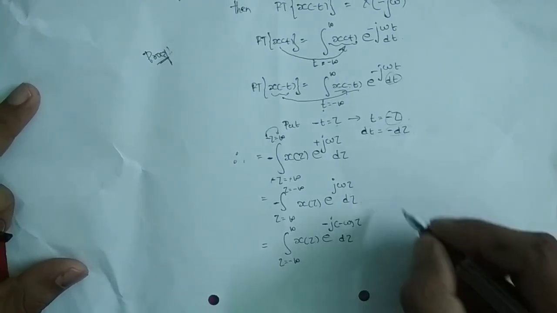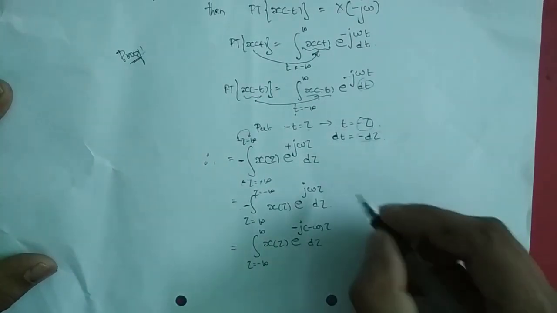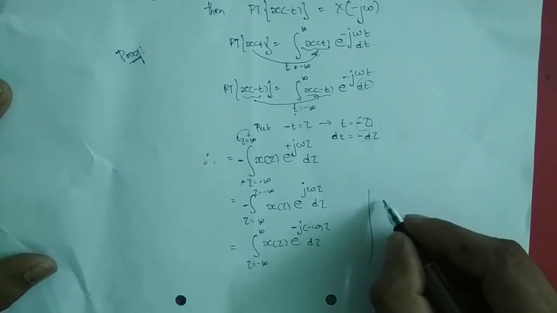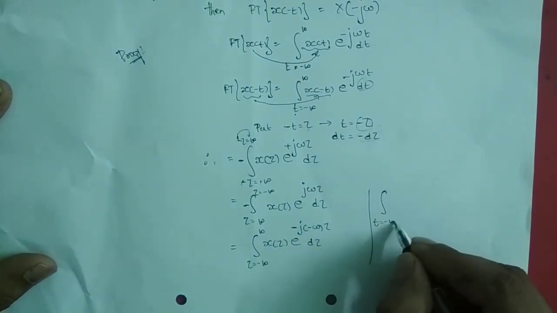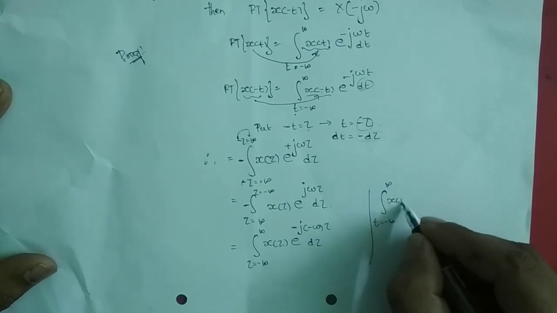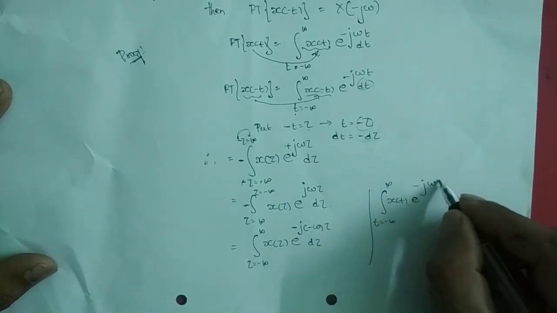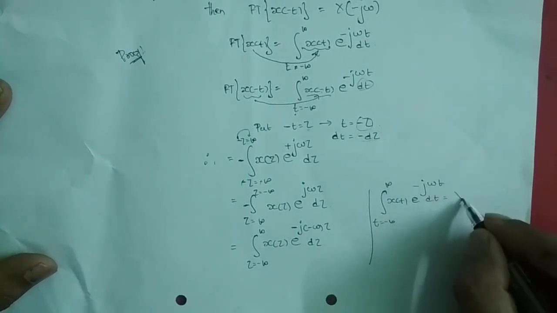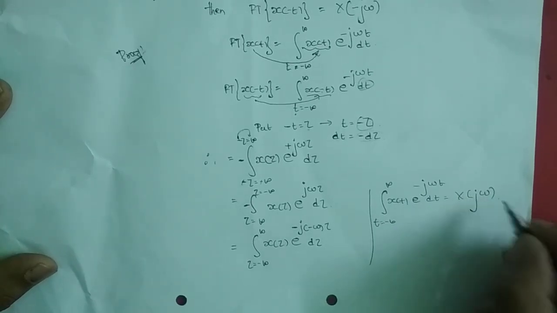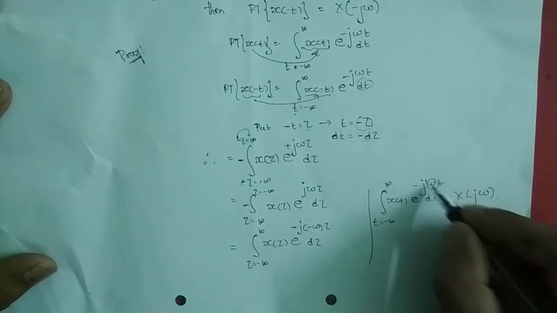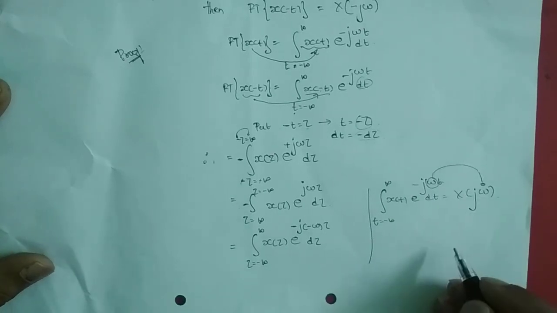Okay, now, as we know from the definition of Fourier transform, the integral, t varying from minus infinity to infinity, of x of t e power minus j omega t dt is actually X of j omega. So this omega as it is we get to see here.